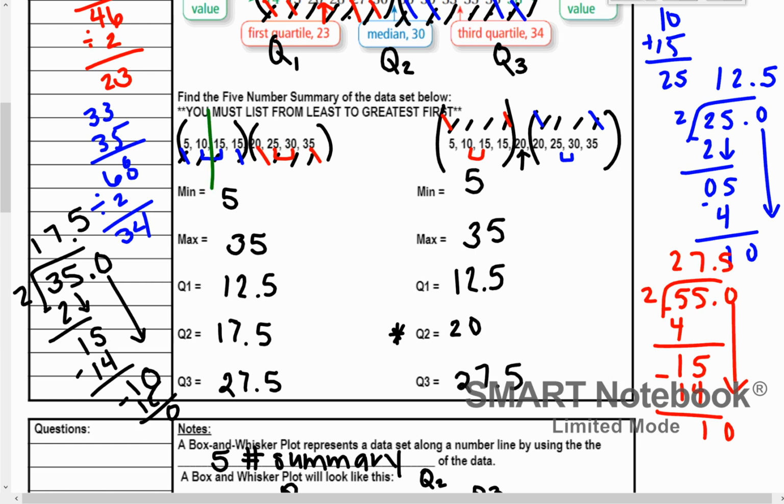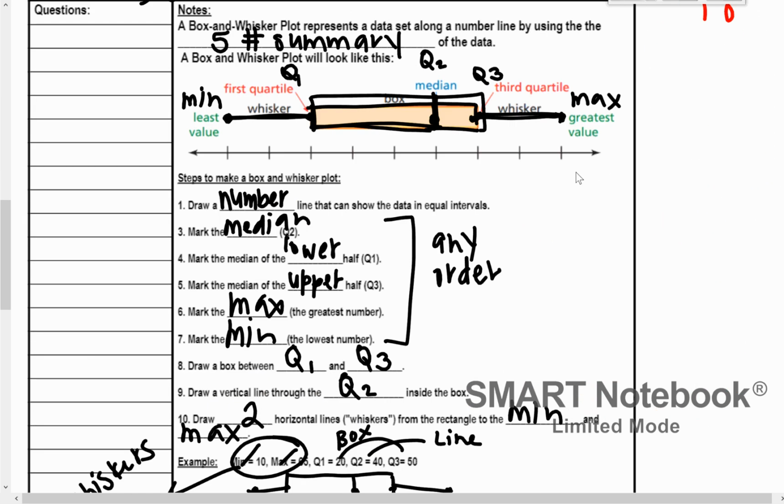When we split it by finding the Q1, Q2, and Q3, we have 2 numbers, 2 numbers, 2 numbers, 2 numbers. Same thing here. Remember, we kind of ignore that one. We have 2 numbers, 2 numbers, 2 numbers, 2 numbers. So it's splitting our data into 4 equal parts.